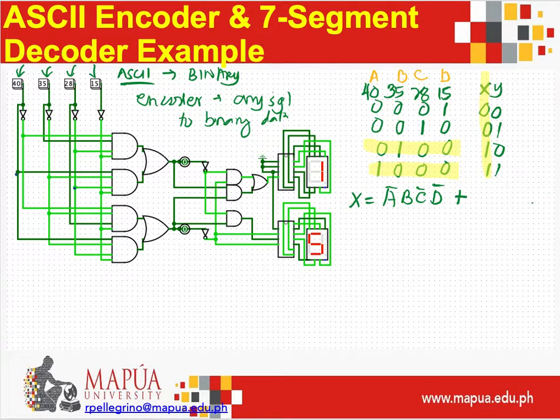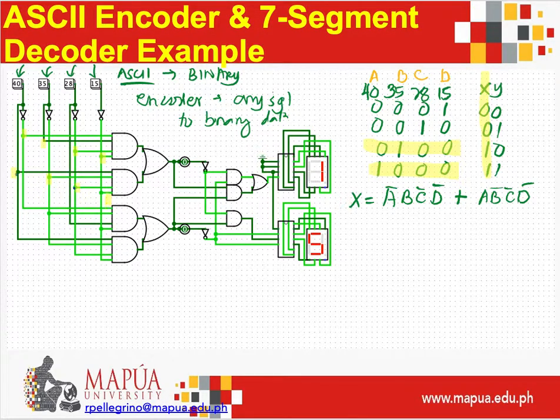As you can see from our given circuit, we have A bar, B, C bar, and D bar, and of course we have A, B bar, C bar, and D bar, for our output of x.